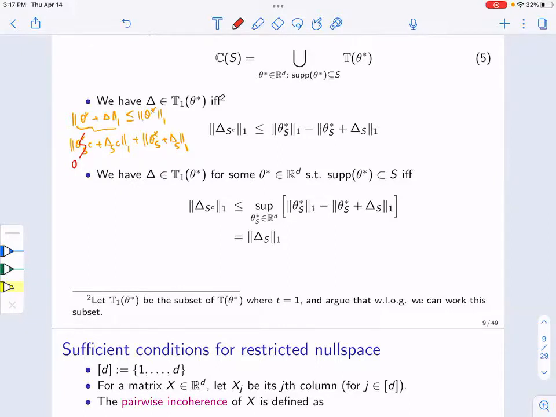So the condition that delta belongs to this is equivalent to this, and this is also exact. If you don't want to argue if and only if, it's a little bit easier, but this is if and only if. So delta is in this union if and only if this holds for one of them. This just shows the union is actually characterized in this form.